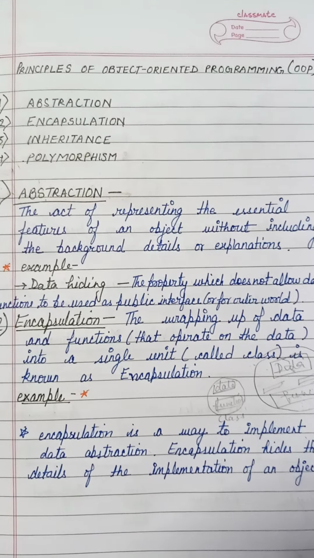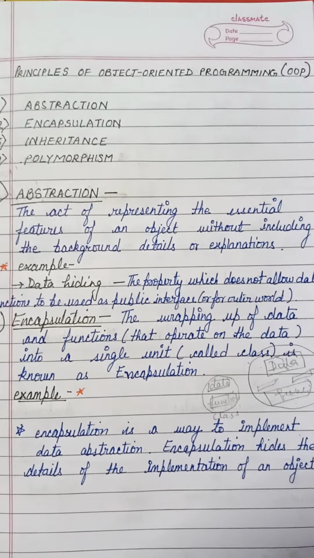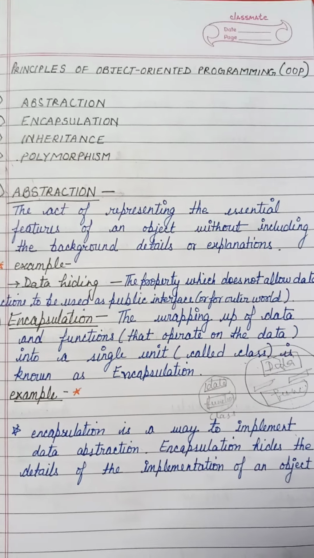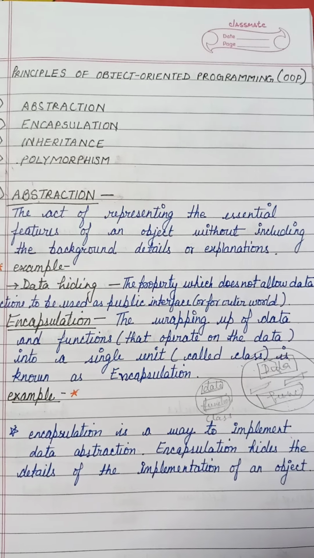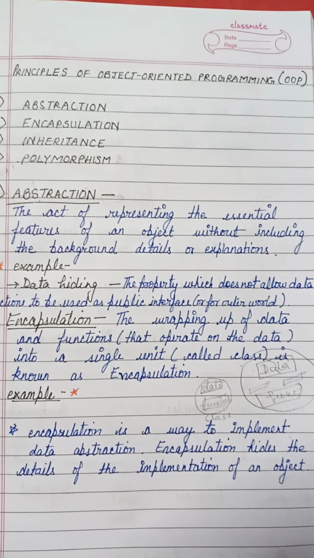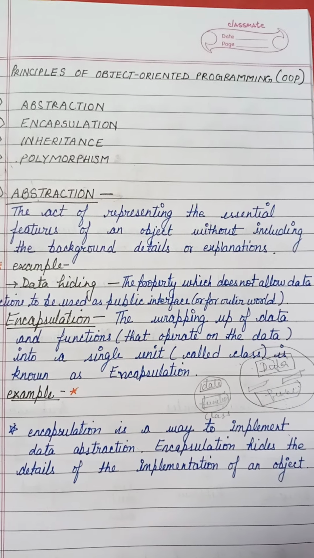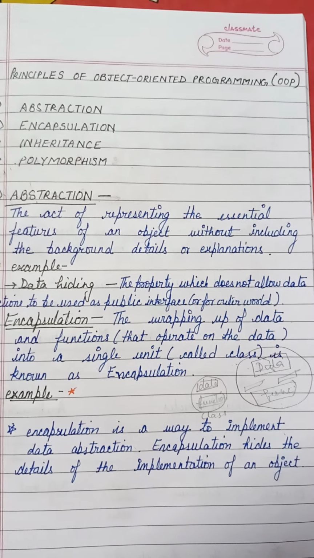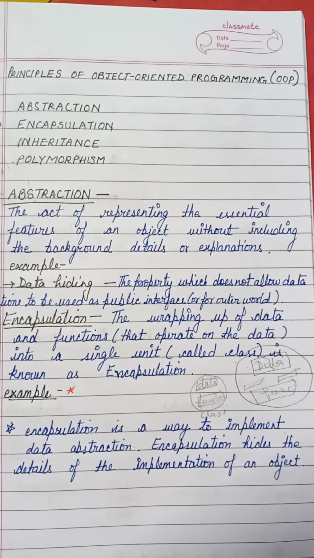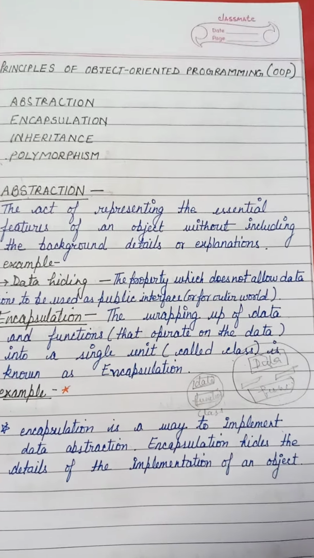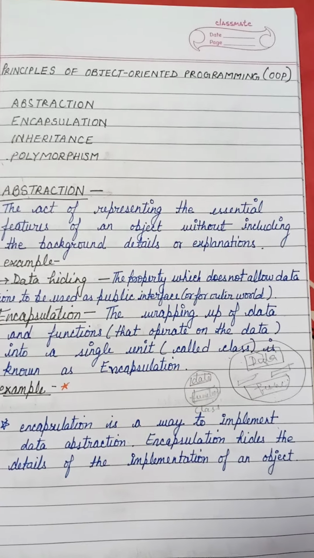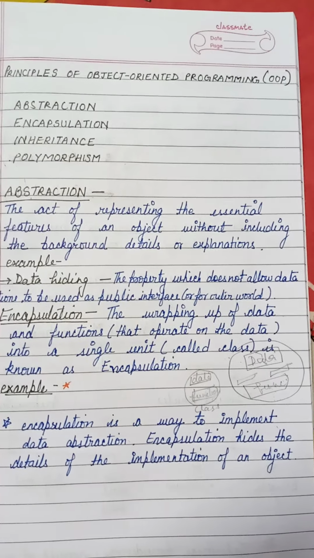I told you, suppose there is a big company which has so many departments and personnel in that to maintain its data. Only the essential information of departments, like department name, department head, number of employees, etc., this type of information will be visible.